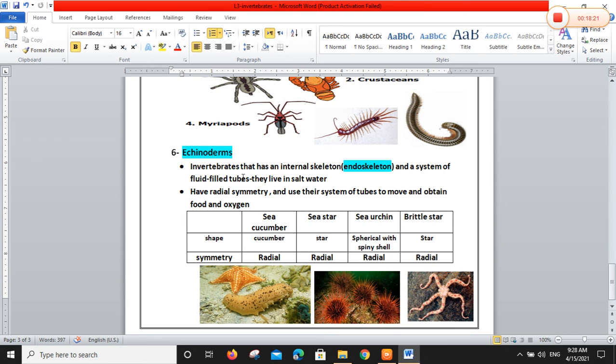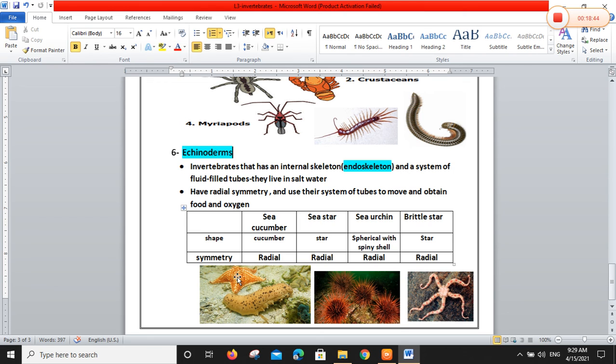And we also have a type called sea cucumber, like a cucumber. All have radial symmetry. We have a table on page 153. We can complete the table. From this table, sea cucumber is shaped like a cucumber. Sea star is like a star.